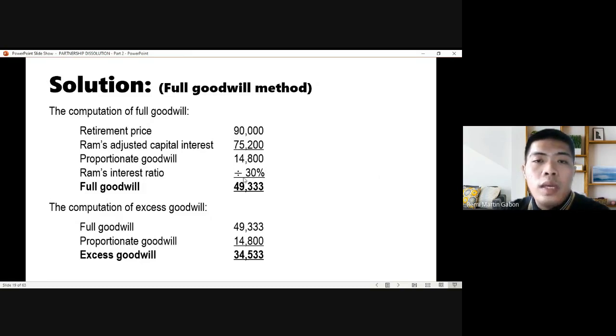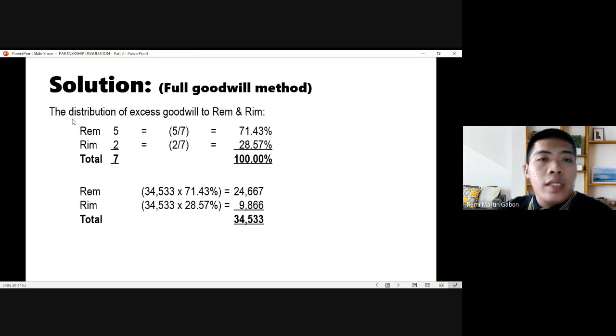So the full goodwill is 49,333 rounded off. So the computation of excess goodwill: the full goodwill of 49,333 versus the proportionate goodwill of 14,800, the excess is 34,533. This will be the amount which the remaining partners will share.